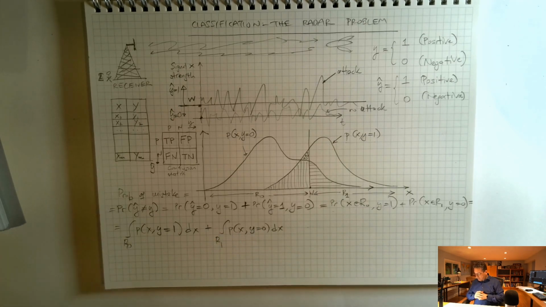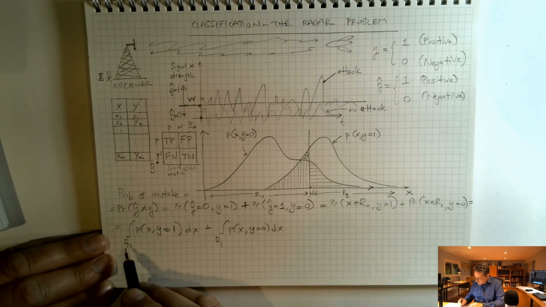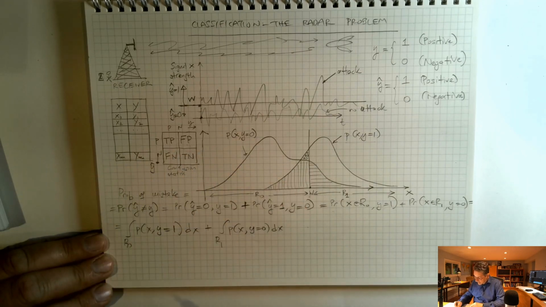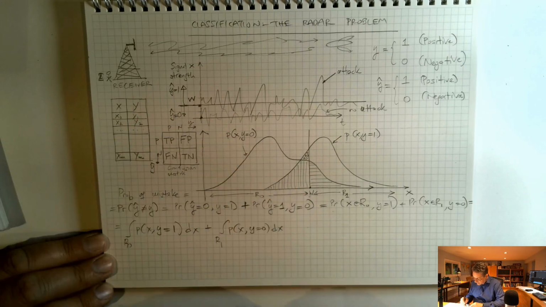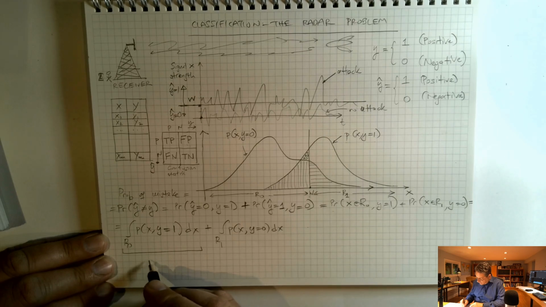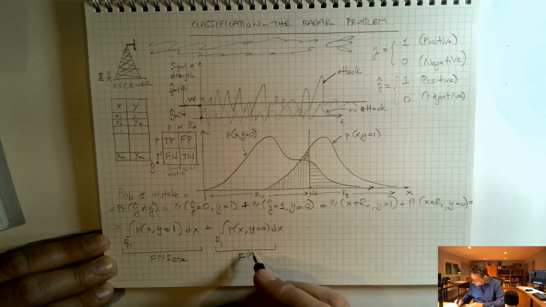And now if I start relating what I wrote here with the counts that I have counted through a random realization of this experiment, looking at the predictor output and the ground truth over here, I can understand that this corresponds to the false negative rate, and this corresponds to the false positive rate.